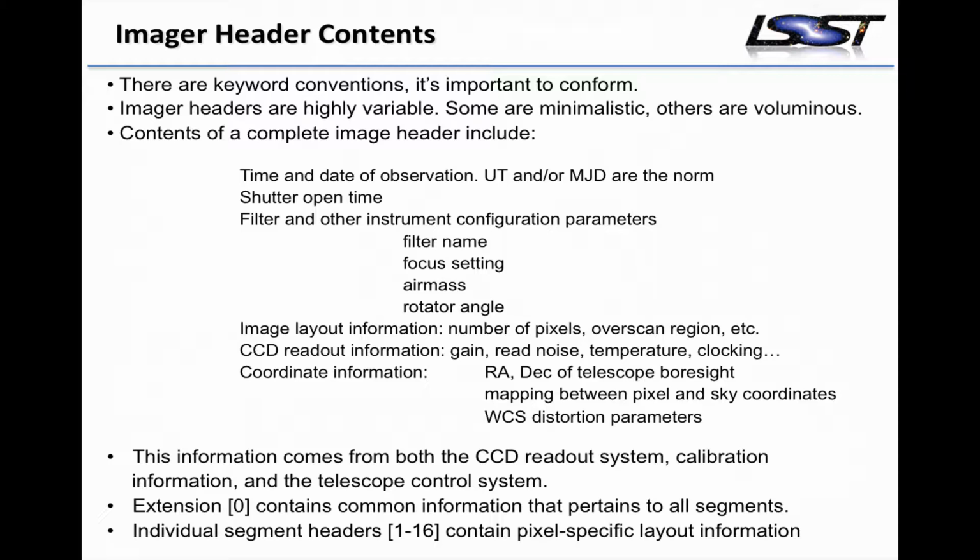One common convention is called the World Coordinate System, and WCS distortion parameters are commonly stored in the headers of images. And as mentioned earlier, this composite information that constitutes an image file is drawn both from the CCD readout system, from the telescope control system, and in general from calibration information that you can obtain externally, such as the crosstalk correction matrix.